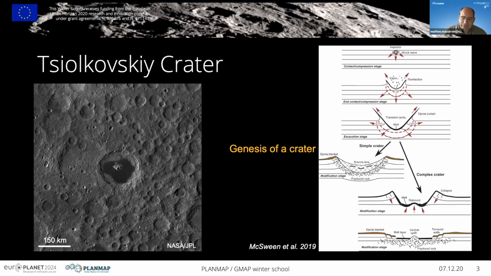So we may have a melted layer, as you see in the last picture to the right, or you can have even emplacement of volcanic material that comes from deeper parts. Indeed, when you have an impact, you have the formation of fractures, so the opening, and into these fractures it is possible that melts rise, reaching the surface.